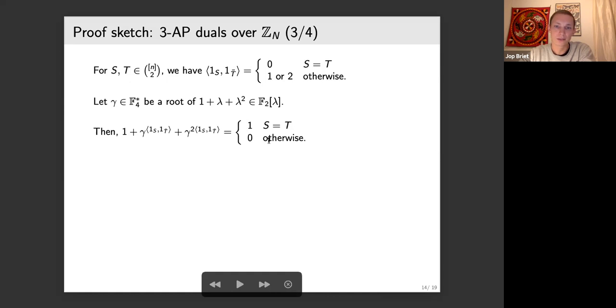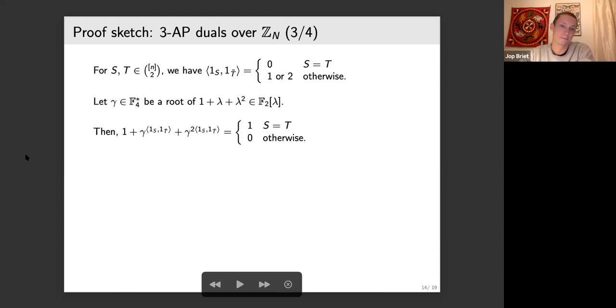And otherwise it's 0, because this polynomial evaluates to 0 on gamma, of course, which you get if the inner product happens to be 1, but it also evaluates to 0 on gamma squared. I think this fact is sometimes referred to as the freshman's dream, because we're working over F2 here.